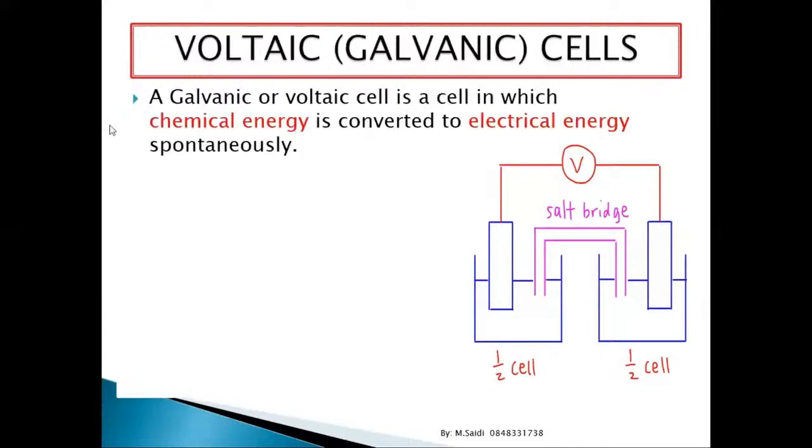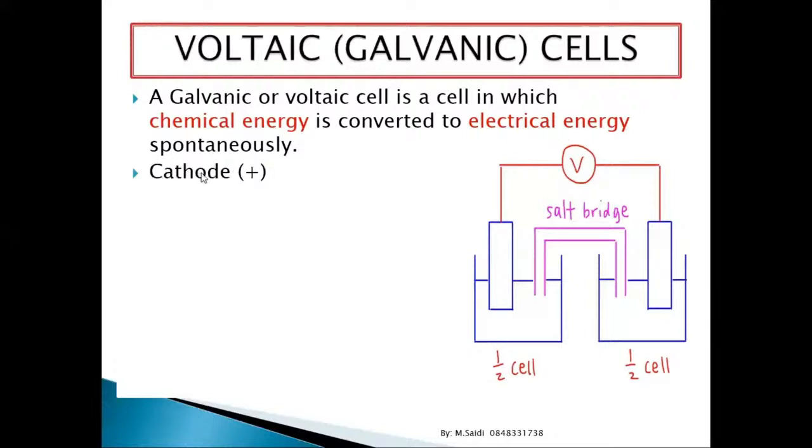A galvanic cell or a voltaic cell is a cell in which chemical energy is converted into electrical energy. It means it uses chemicals to produce electricity spontaneously, without any external source.